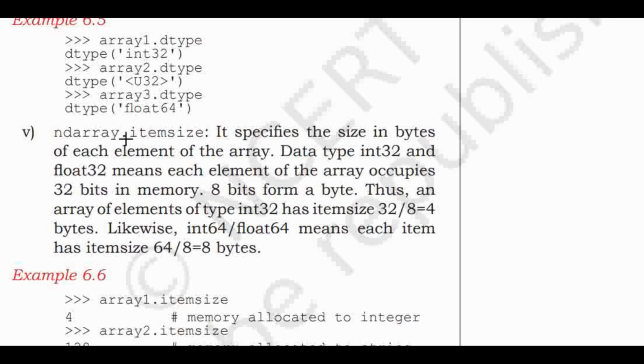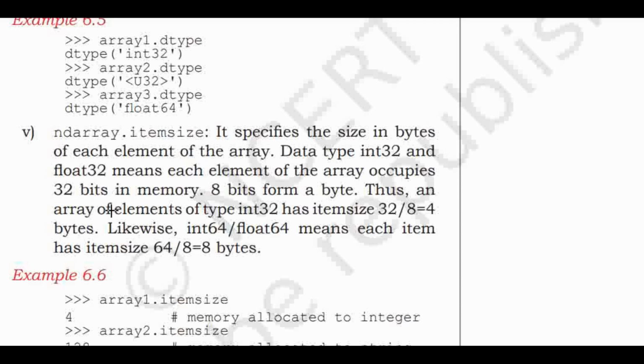ndarray.itemsize specifies the size in bytes of each element of the array. Data type int32 and float32 means each element of the array occupies 32 bits in memory, 8 bits form a byte.